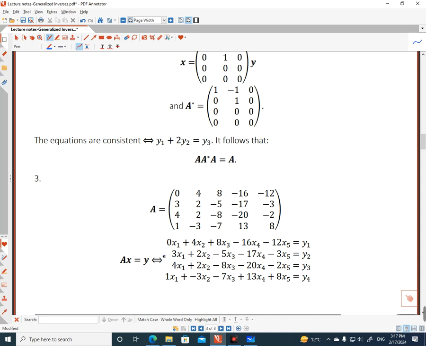There is another example, a little bit more complicated. Here we have 4 rows and 5 columns.